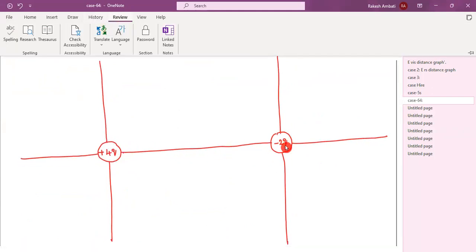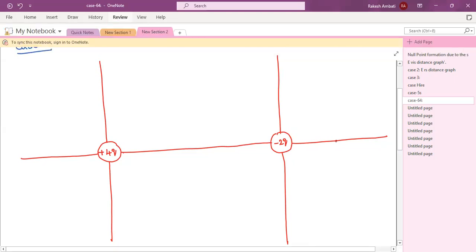The null point will be formed outside, near to the smaller magnitude charge. So that is the null point. At the null point, the resultant electric field intensity becomes 0. Okay, now see the graph.